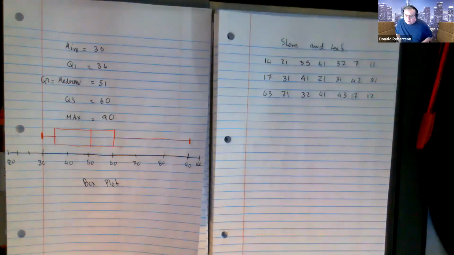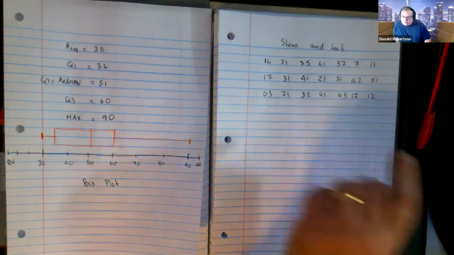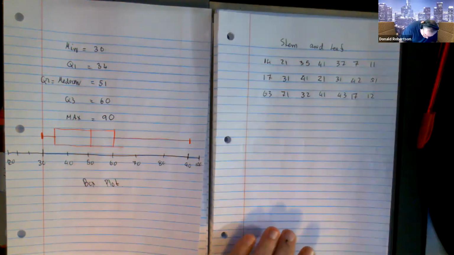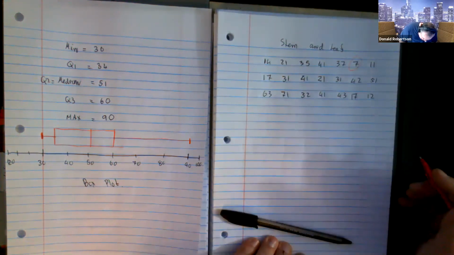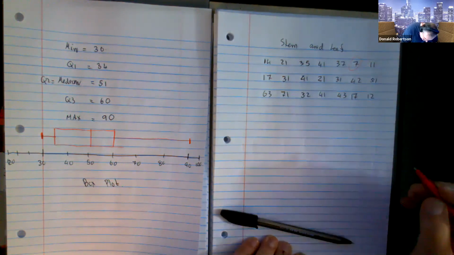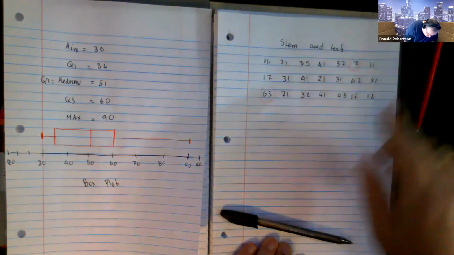Right, let's suppose I've got a set of data and I want to create a stem and leaf for this data. So you scan around and you need to know where to start. The smallest is 7. And you need to know where to finish. The biggest number I've got is 63.